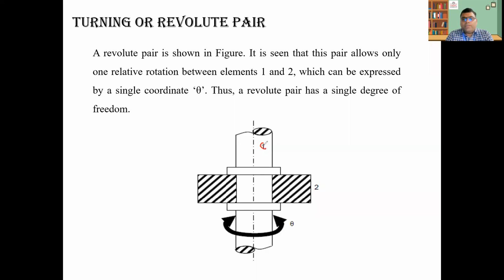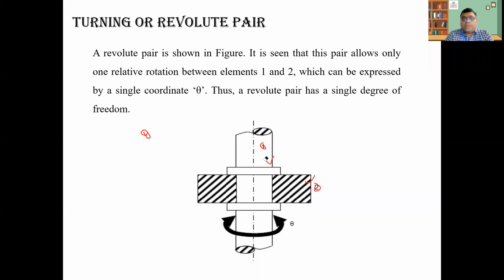It can be expressed by only 1 degree of freedom, which we can represent by the symbol theta, because there is a rotation. So we can say only one independent motion is possible between element 1 and 2. That's why its degree of freedom is 1.